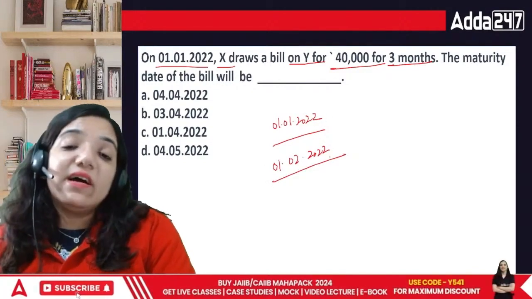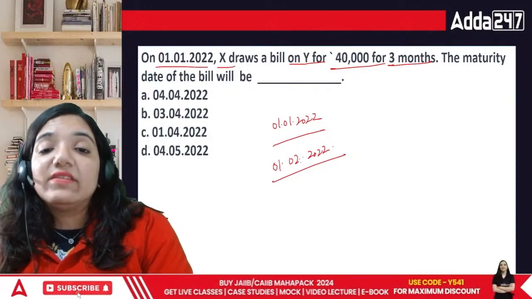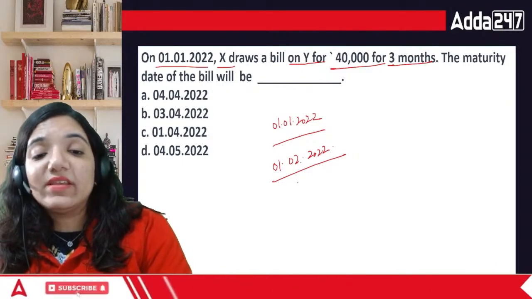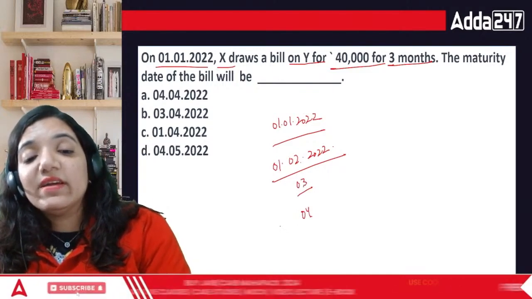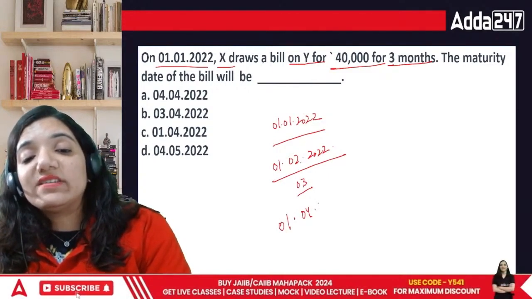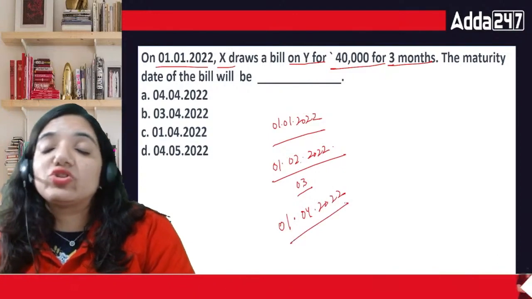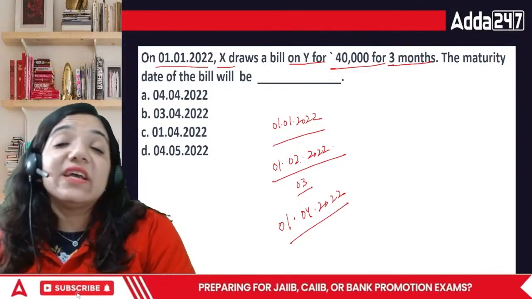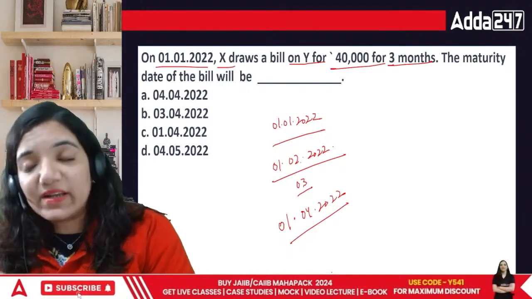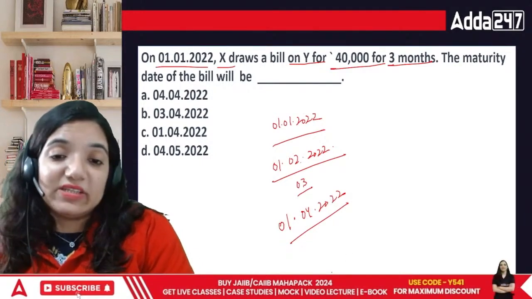This is the second month, right? This is completion of 1 month. Then we have completion of the second month. Then we have completion of the third month. It completes on 01/04/2022.